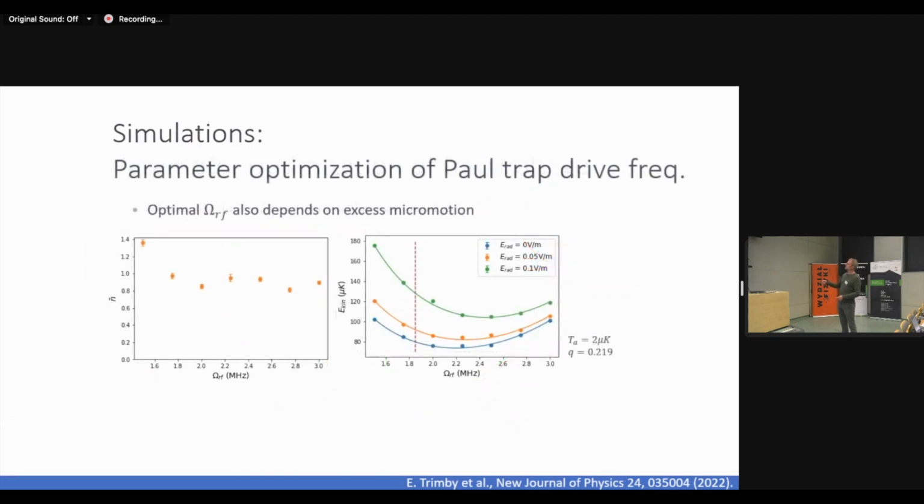For the frequency of the Paul trap, there's not so much to gain. Simply by accident, our Paul trap had a capacitance such that we could not get a higher frequency. It's a big chunky Paul trap with a huge capacitance, so we could only get like 2 megahertz. Nothing higher. So this was a lucky day.